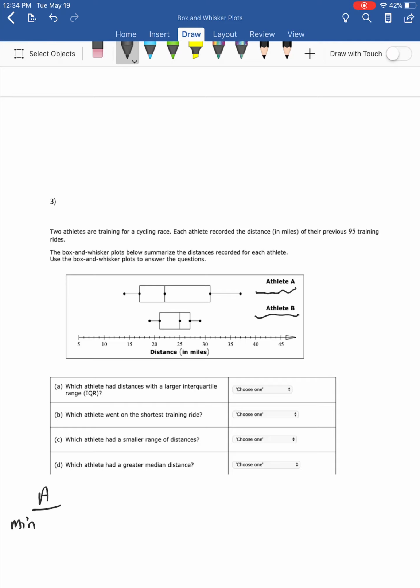let's write out what he has: the minimum, the lower quartile, the median, the upper quartile, and the maximum. All right, so his minimum is 14.